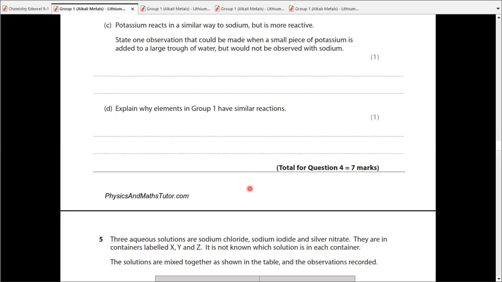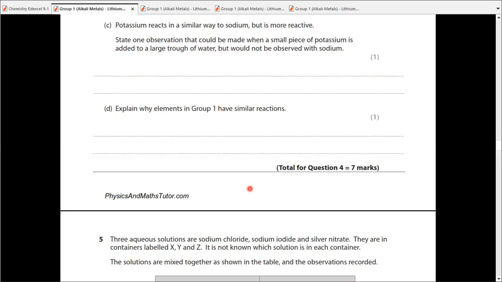Okay, for potassium, yeah, go ahead. Sorry, hydrogen gas is produced. Right. Yeah, that's it. But the gas is also produced with sodium.